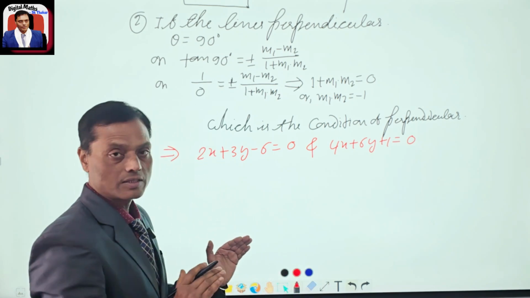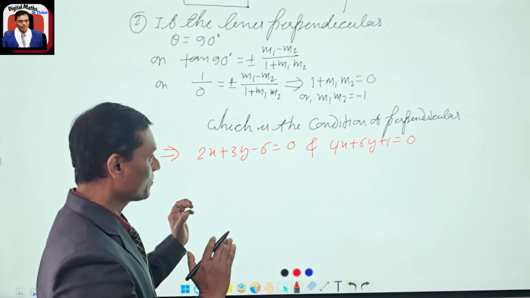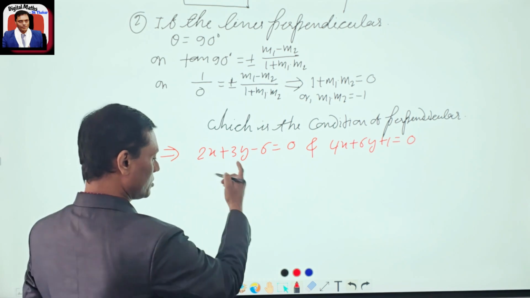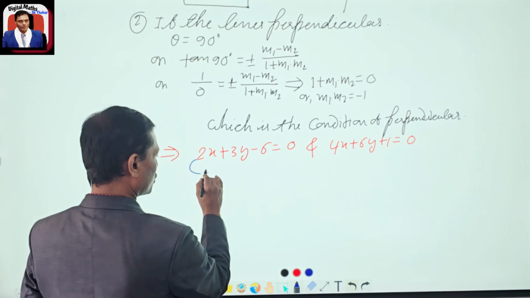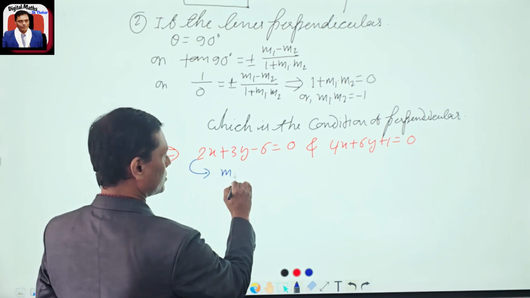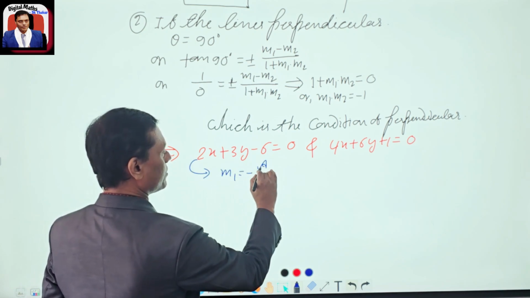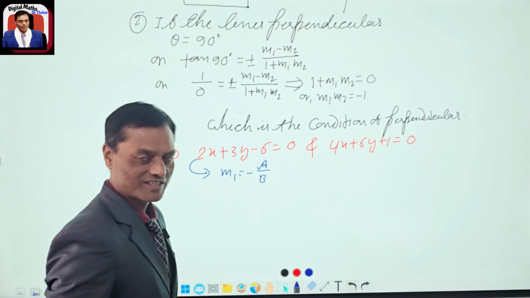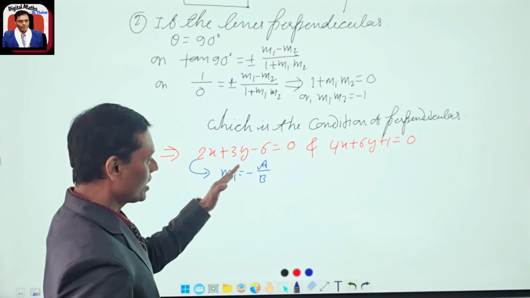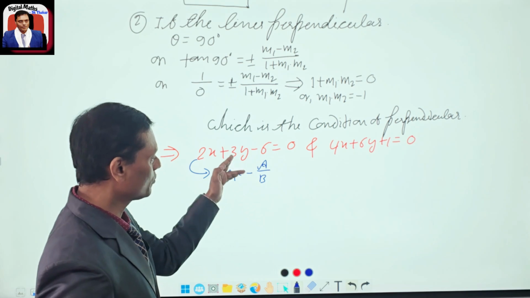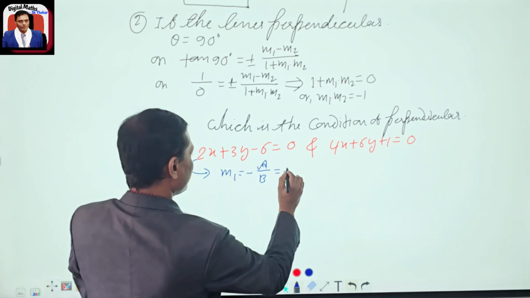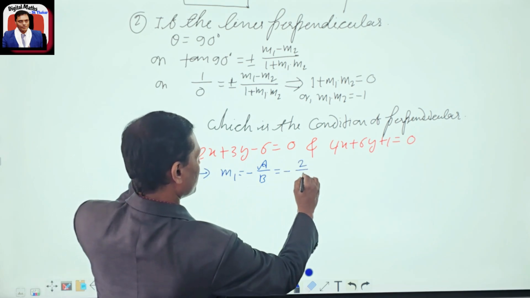First we have to find their slopes. The slope of a line is m equals minus a by b, where a is the coefficient of x and b is the coefficient of y. So m1 equals minus 2 by 3.